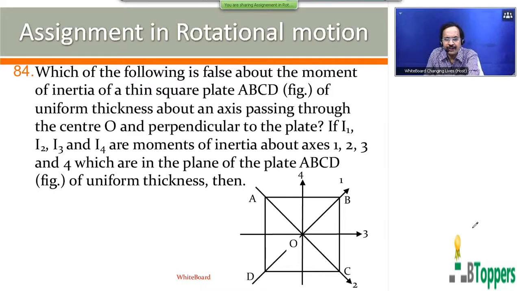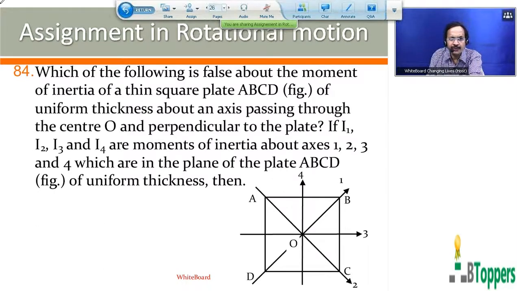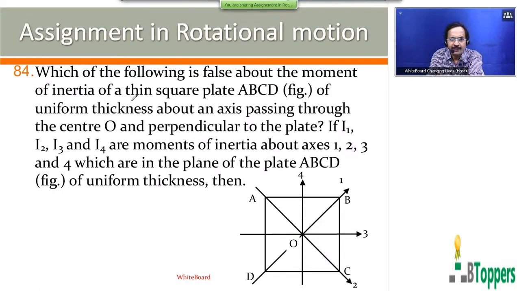See the next question, question number 84. Which of the following is false about the moment of inertia? A thin square plate ABCD, shown in figure, of uniform thickness, about an axis passing through center point perpendicular to the plate.